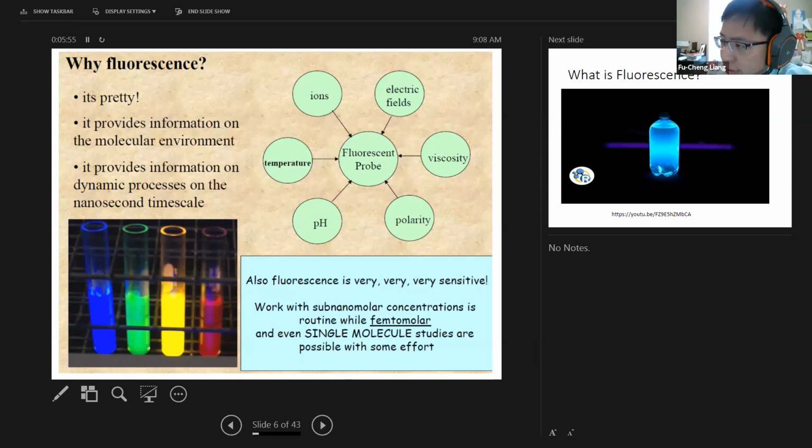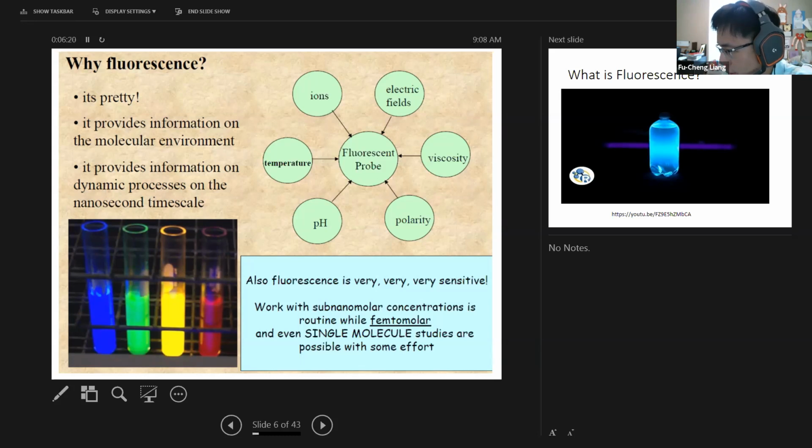It also provides information on dynamic processes on the nanosecond time scale. As we already saw in the previous slide, fluorescence goes from the ground state to the excited state, and then from the excited state back to the ground state, and this kind of transition is very, very fast. It usually happens in the nanosecond or microsecond range. Fluorescence is also very, very sensitive.